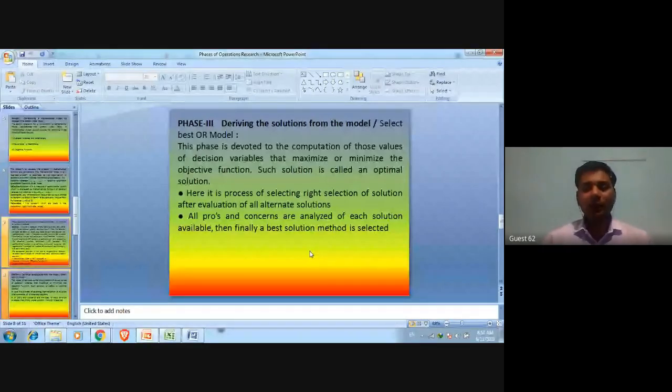Then after analyzing which solution is best, you will select that best solution.